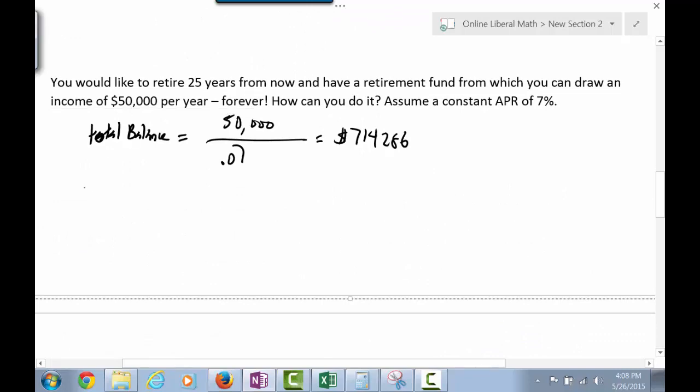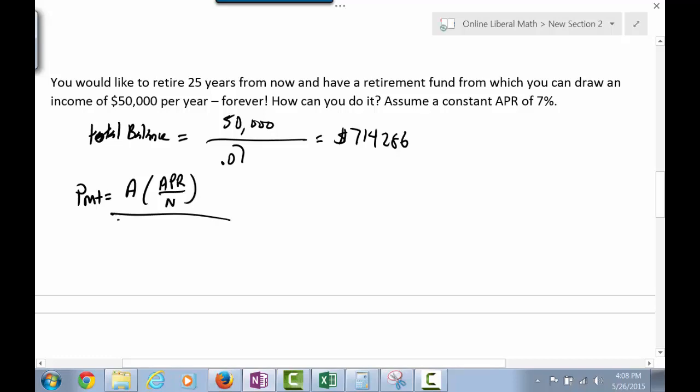So the formula looks like this: our payment amount equals the balance times the APR over N, divided by that very lovely statement that was in the numerator, now in the denominator: 1 plus APR over N raised to the N times Y, minus 1. In our case, I'm going to round this up to 715.